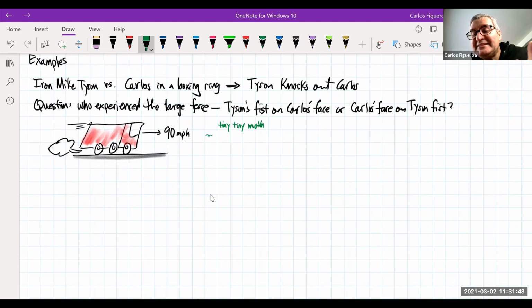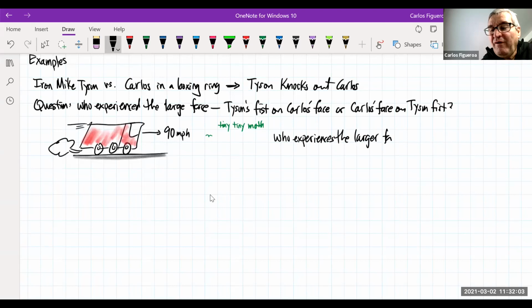And then these guys collide. Who experiences the larger force? Sure, you might say, oh yeah, they're supposed to be equal. Really?